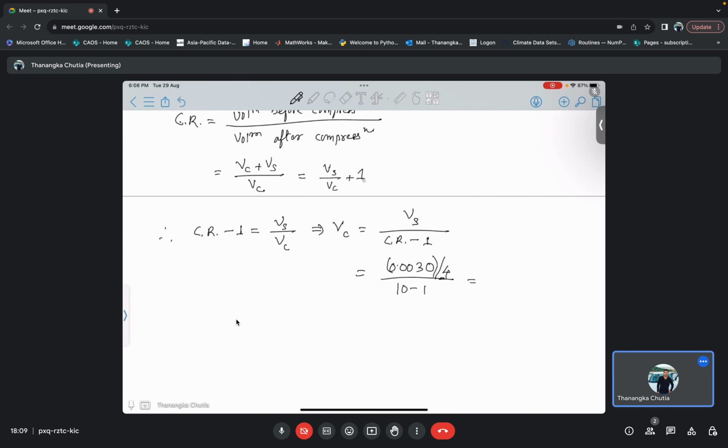So the clearance volume of one cylinder is 0.0030 divided by 36, which will be equal to 8.33 into 10 raised to the power minus 5 meter cube. Okay, clear?